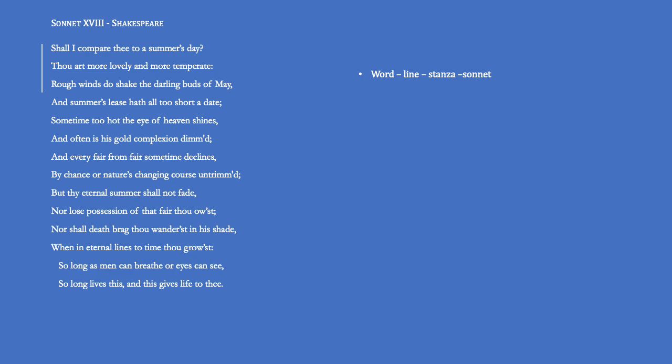It is a sonnet, which means it is a 14-line poem, but it is arranged in 3 groups of 4 with a rhyming couplet at the end. Okay, and note the rhyme scheme. Day, May, temperate, date. Now, temperate and date don't rhyme perfectly, but they half rhyme. They slant rhyme.